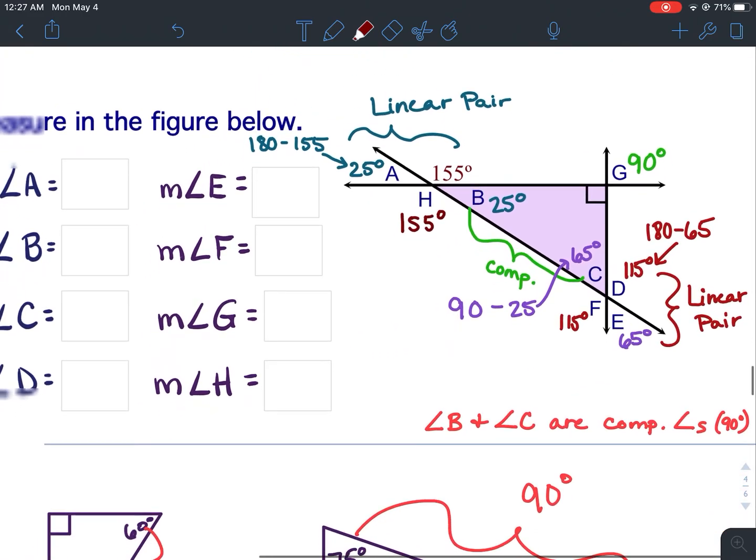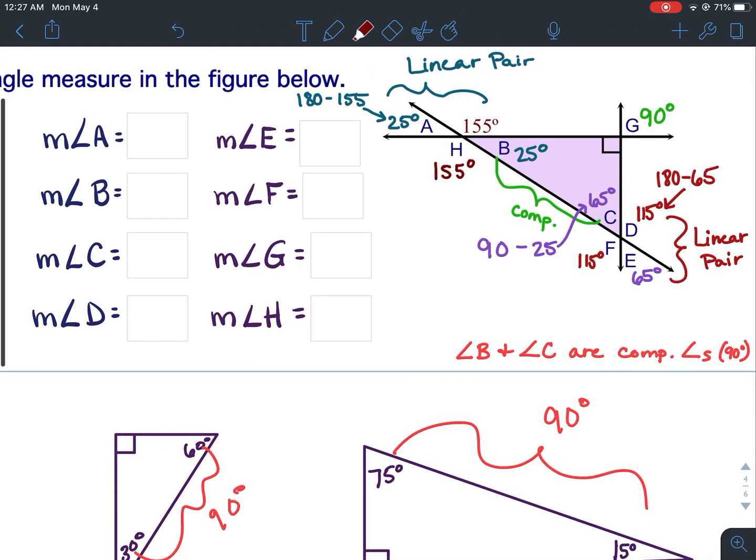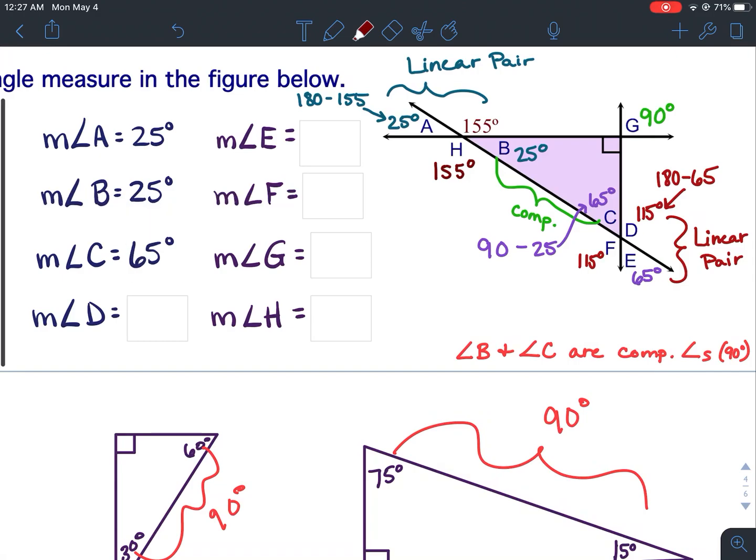Okay, now it's time for our final answer. And our final answer is to state the measurement of each of these angles. Well, the measure of angle A is 25 degrees. Let me just go through all of these and then you can pause the video to get it all written down. The measure of angle B is 25 degrees. C is 65 degrees.